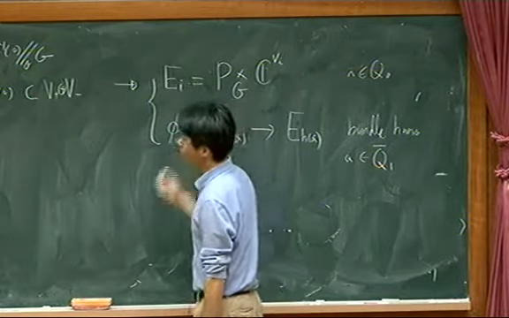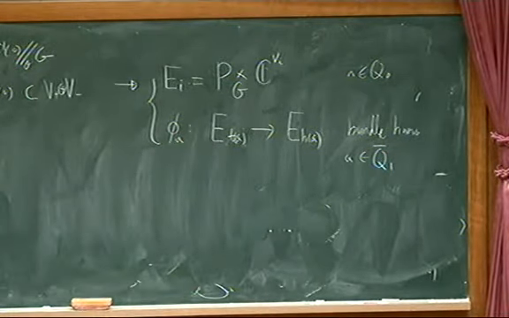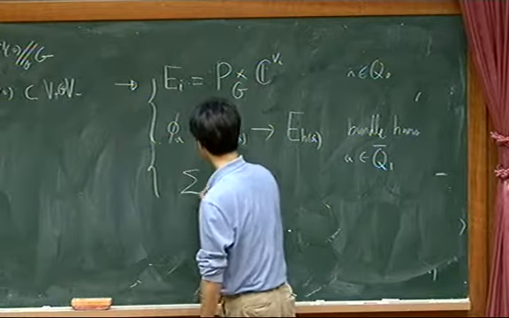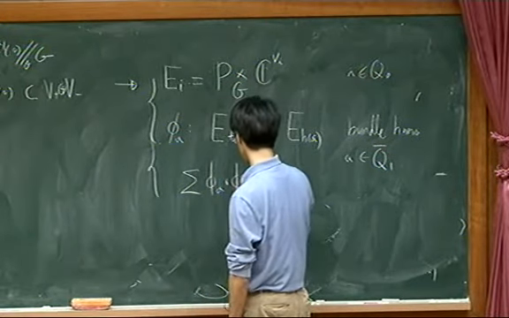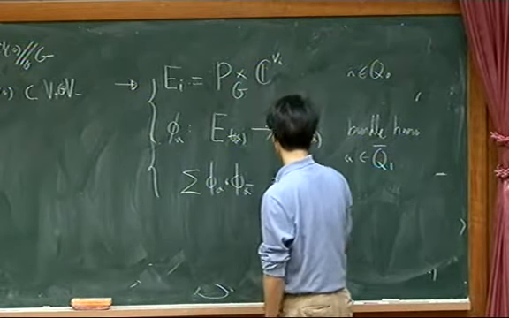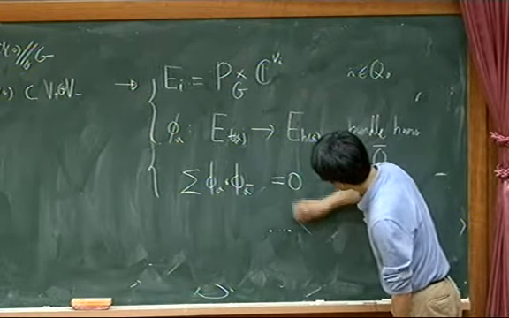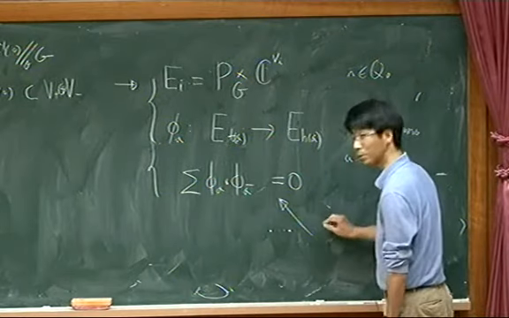So it should satisfy a certain relationship: the summation of phi A, phi A bar must be 0. Sometimes I like to call this the moment map relations.